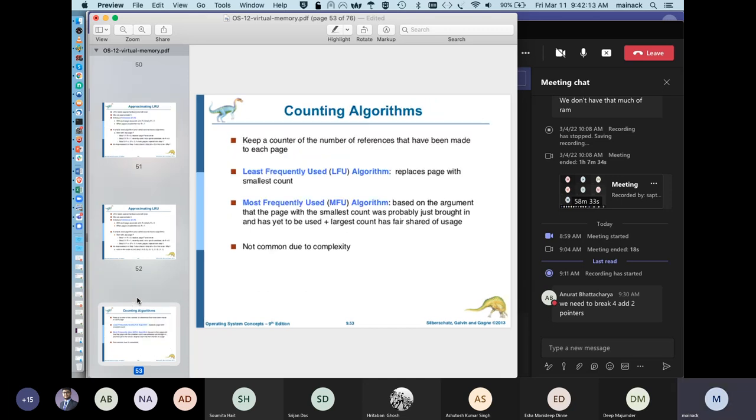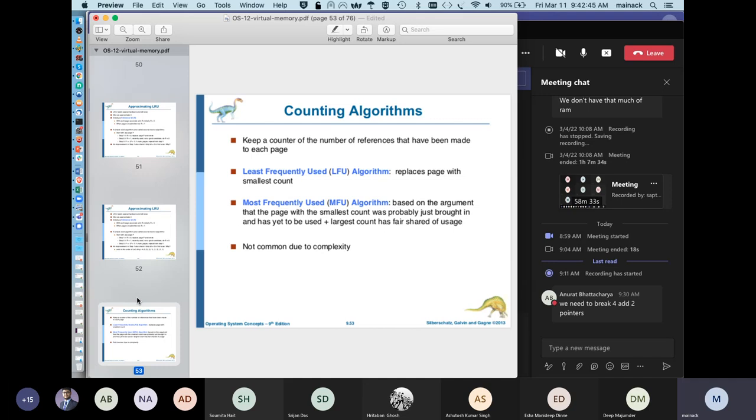There are two other algorithms after this LRU and its approximations. They are essentially counting algorithms, where for each page you keep a counter. The moment someone references that page, you increase the counter by 1. Based on these counters, there are two more page replacement algorithms to find victim pages. One is least frequently used, and the other is most frequently used, LFU and MFU. The idea is simple.